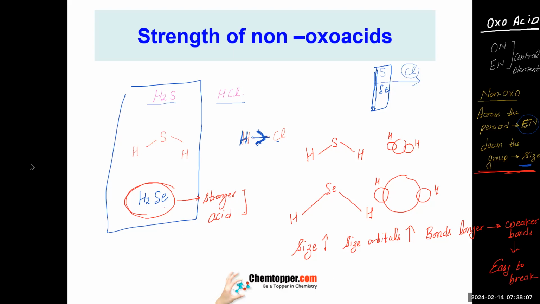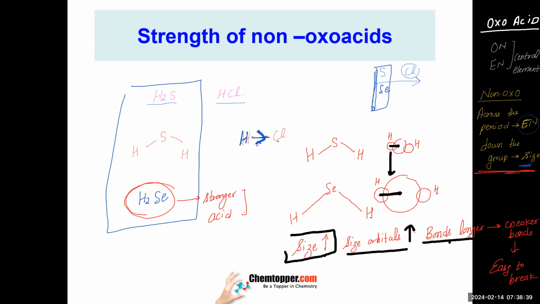So please understand this. If size is more, this is down the group only. Size is the factor all the time down the group. If size is more, orbital size will also be big. Bond is always from this center to this center. You can see as the size increases, bond length increases.